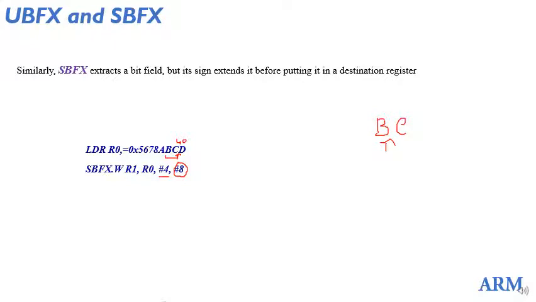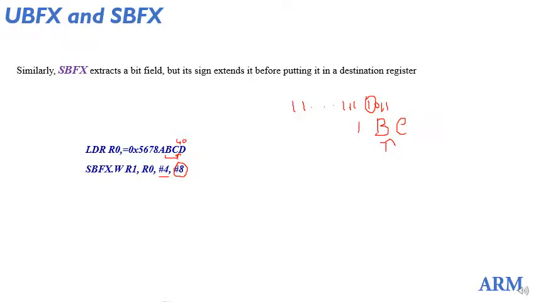So the most significant digit here is B. If I write it in hex, B is 11, so 1011, right? So the most significant bit is 1. So the sign bit is 1, and hence that sign bit will be sign extended. So 1 will be filled from bit number 8 to bit number 31.